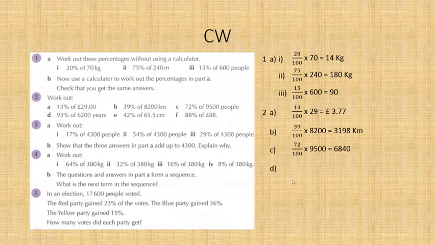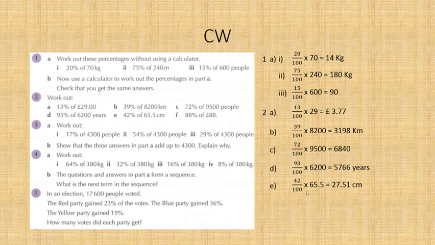Question number D, 93% of 6,200 years is going to be 93 over 100 times 6,200, which equals 5,766 years. Question number E, it's going to be the same thing. It's very easy to do. So it's going to be 42 over 100 and then multiplied by the number next to it, 65.5.